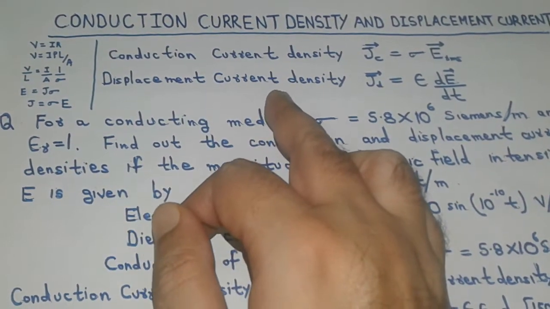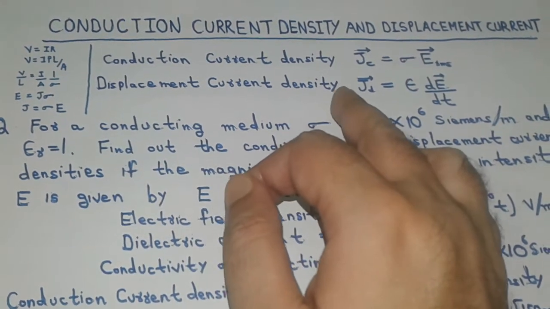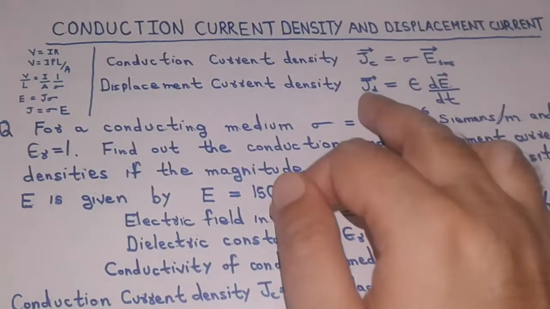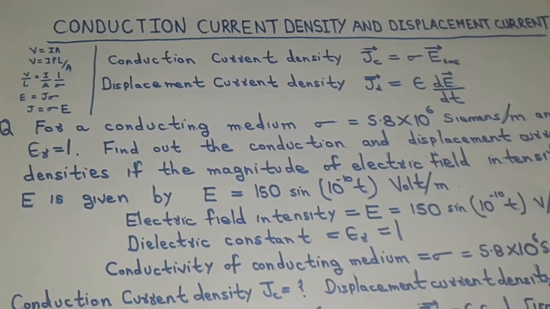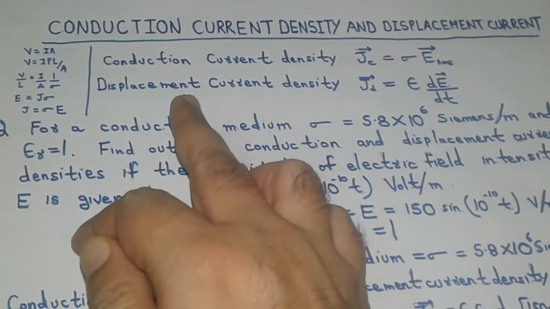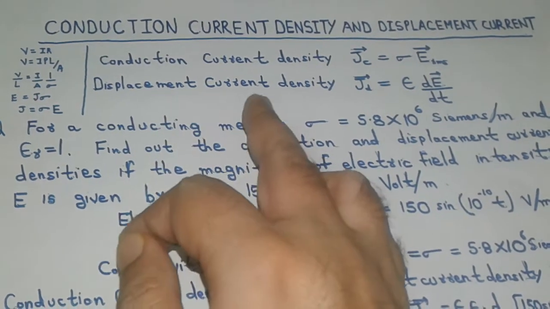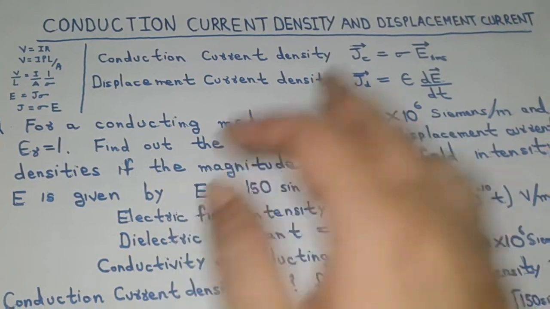In case of conductors, the magnitude of displacement current density is much smaller, negligible, as compared to conduction current density. Hence, the physical significance of displacement current density is dominantly in dielectrics and vacuum.